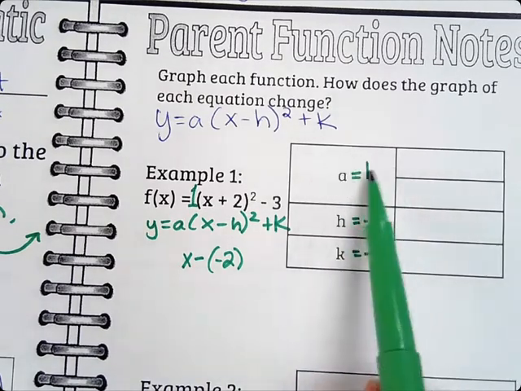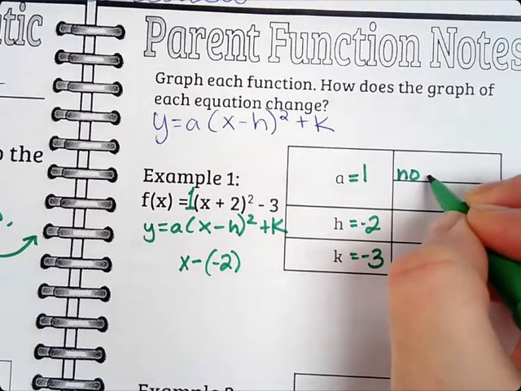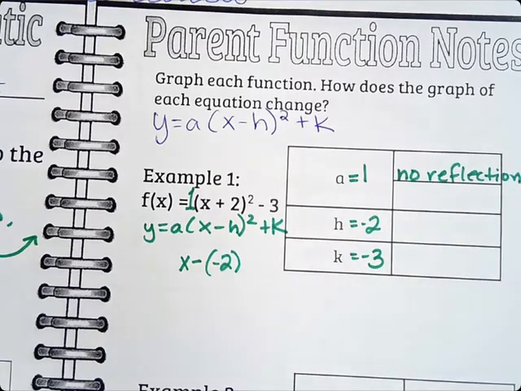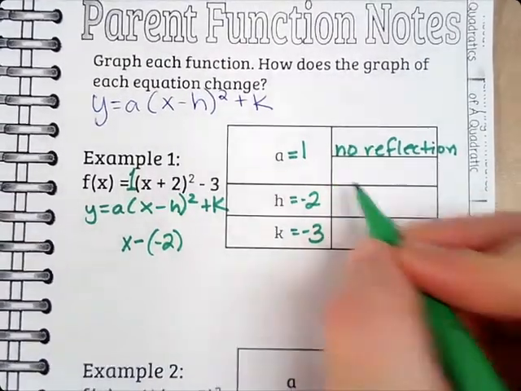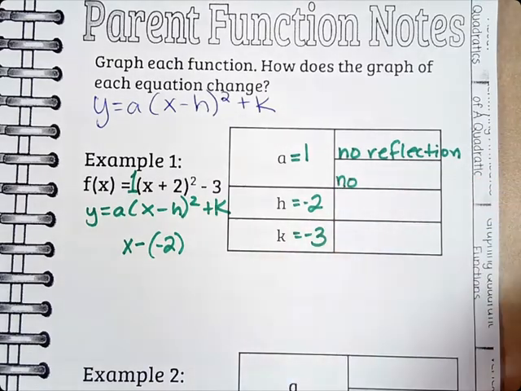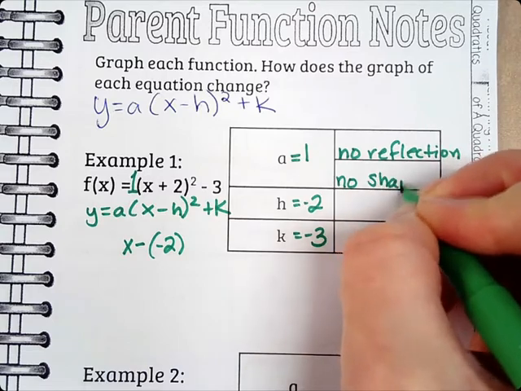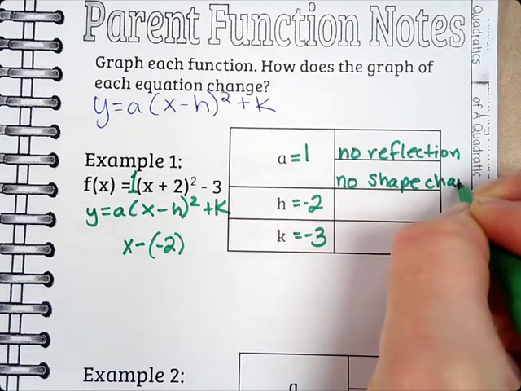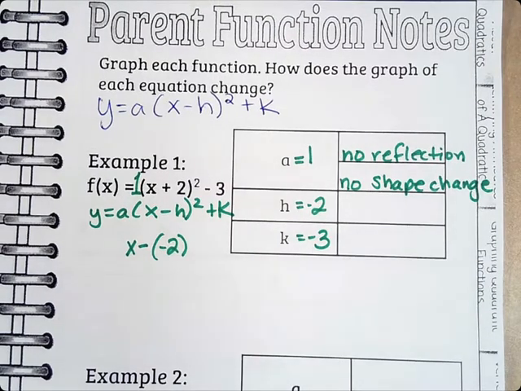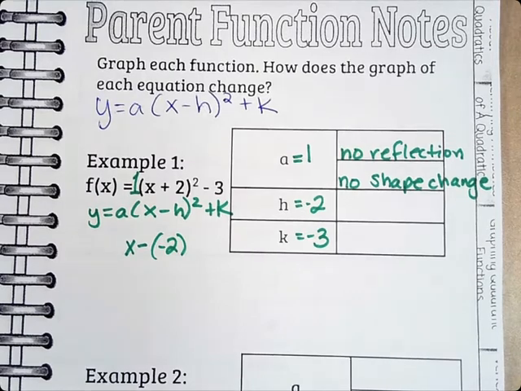So if a is positive 1, there is no reflection. And no shape change. So whenever I say change in shape, that means you're either stretching or compressing. In this case, it's 1. It stayed the exact same, so there's no change in the shape.